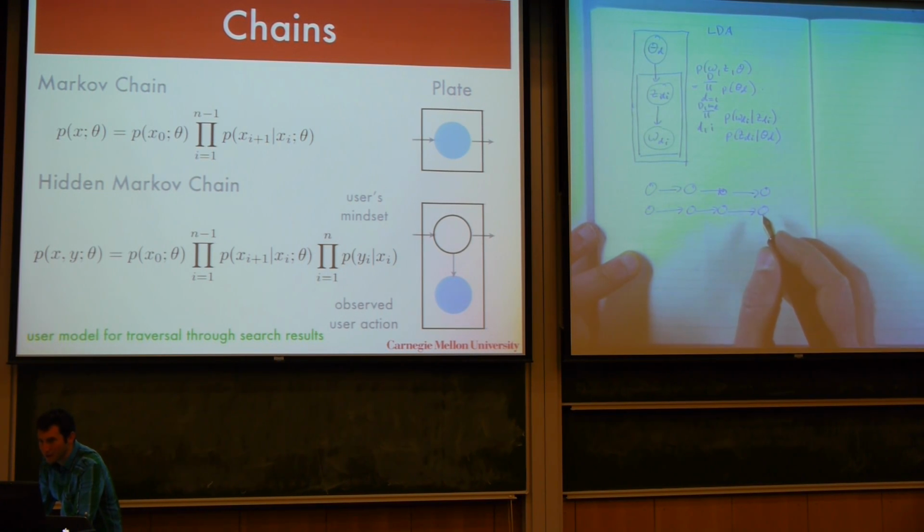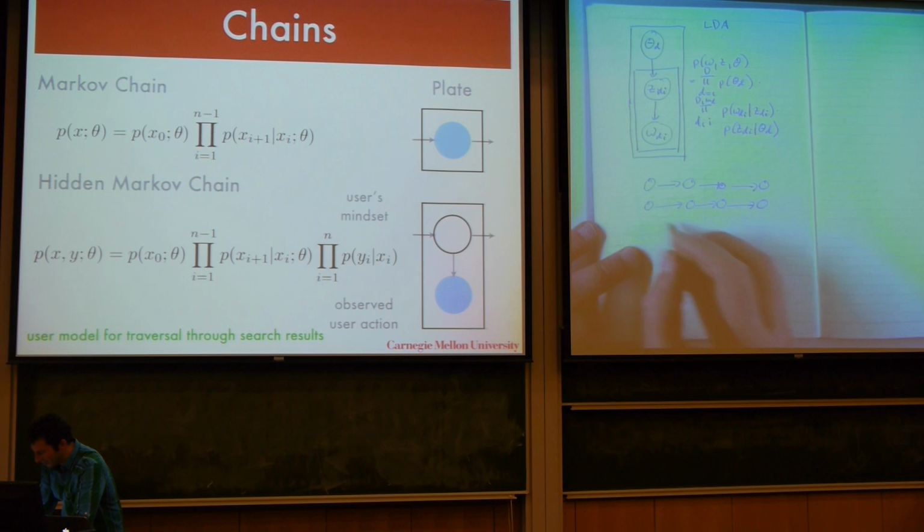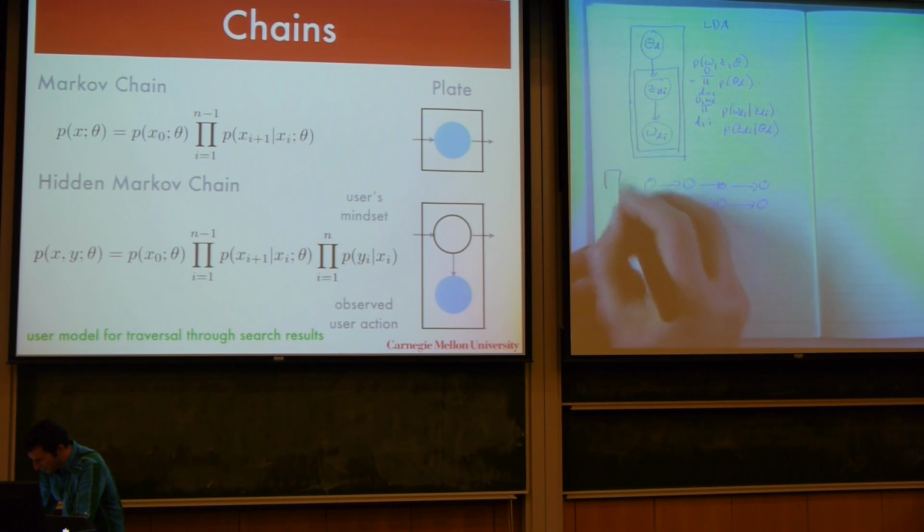Okay, so now the question is, if there is no dependence between these, then this is how you would write it as a plate. You'd get one as a plate, and you'd get the other as a plate. Now let's assume that they actually depend on each other. Then you will get this as a plate.